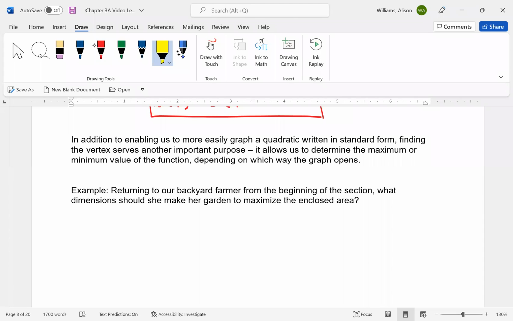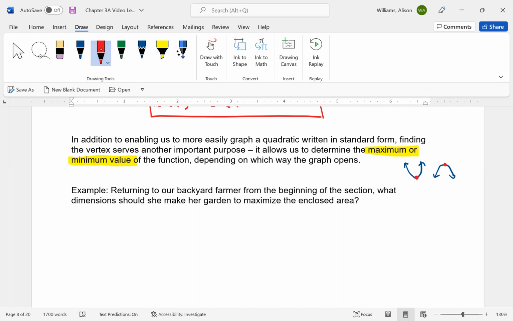When we look at a quadratic, there's really only 2 choices. Either it faces upward and the vertex represents a low point, or it faces downward and the vertex represents a high point. So that means we're going to be looking at either a maximum or a minimum value when we look at the vertex.